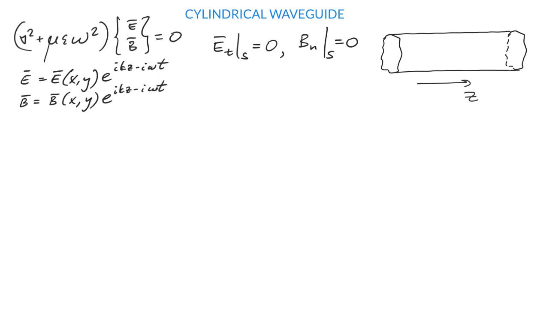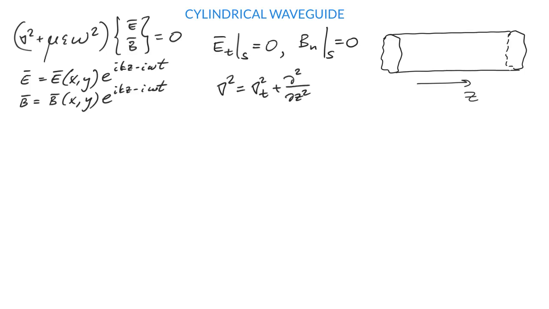In order to proceed, we're going to split the axial and transverse components of the fields and of the differential operator. We start by writing the Laplacian as the sum of the transverse part that involves derivatives with respect to x and y, and the axial part, d2 by dz squared.